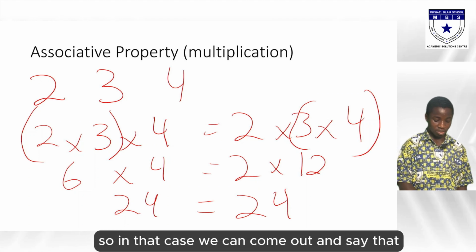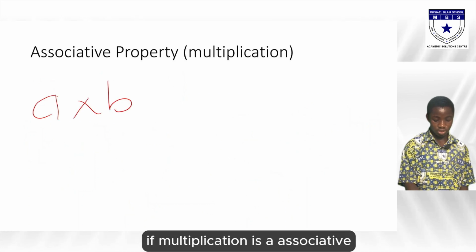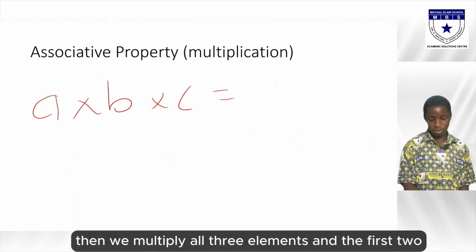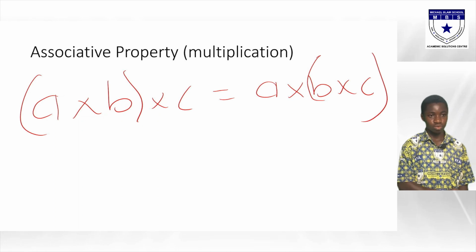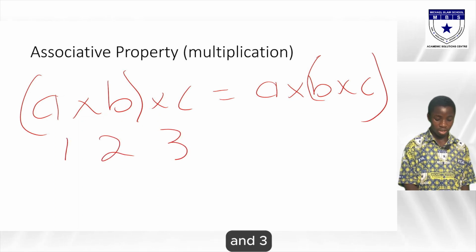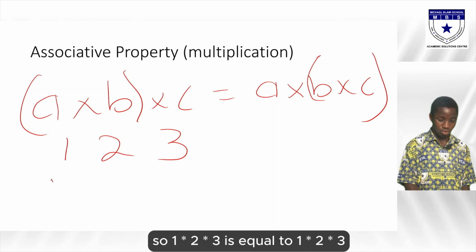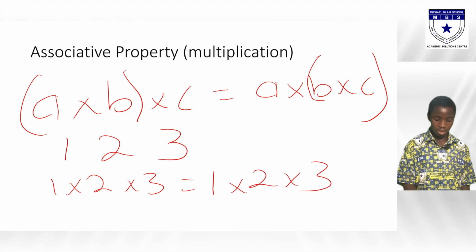So we can say that if multiplication is associative, then we multiply all three elements with the first two, second two. Let's try it for 1, 2, and 3. 1 times 2 times 3 is equal to 1 times 2 times 3. First two, second two.